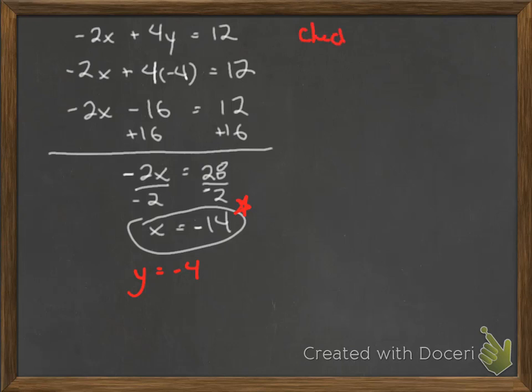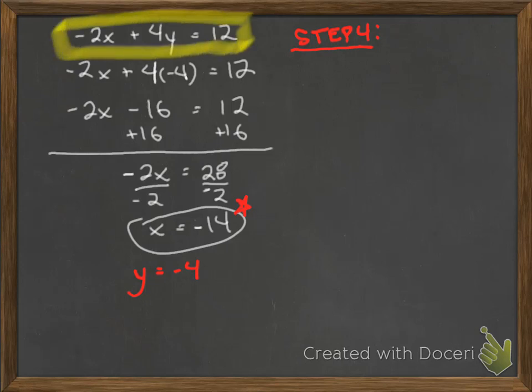Okay, but we still need to do step 4. Remember, step 4 is to check our work, and we need to check our work using the equation that we did not use over here. So again, in step 3 we used the equation negative 2x plus 4y equals 12.